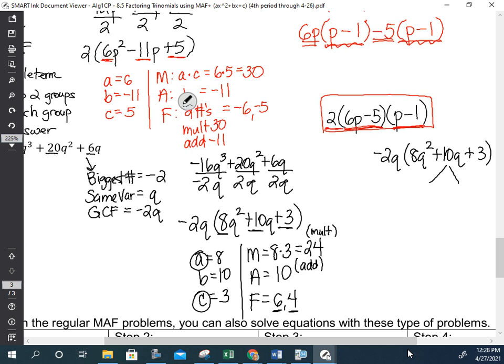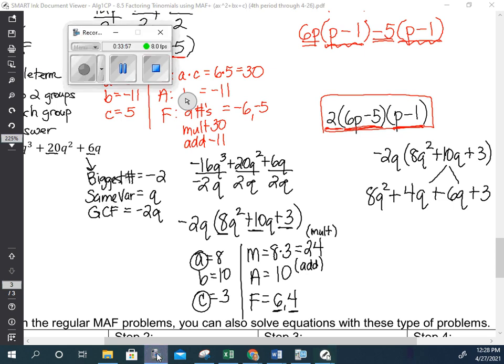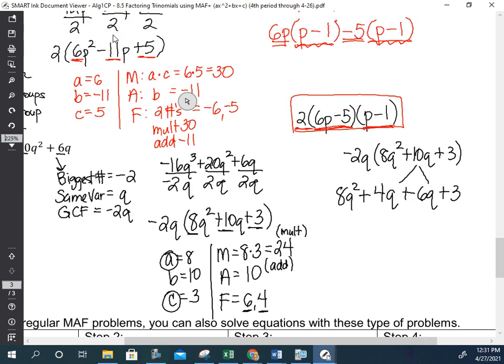So I'm going to put the 4 next to the 8 and the 6 next to the 3. Again, you can put those in whichever order you want. That part doesn't matter. Give you a couple minutes to finish it. Go ahead and wrap this problem up.